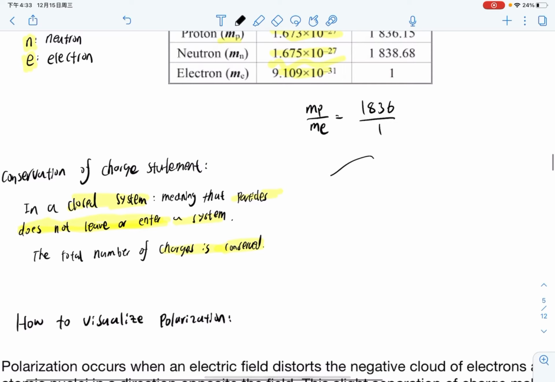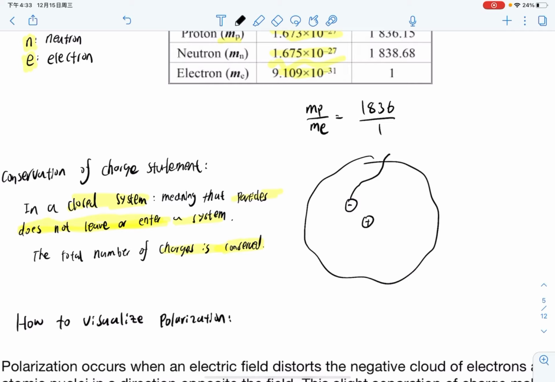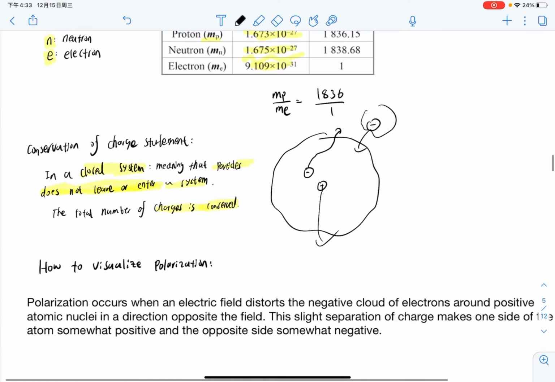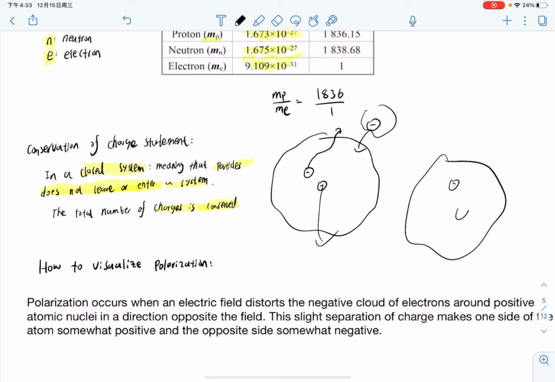So in this system, like here's negative, positive, the negative or positive cannot go out, or a negative charge particle cannot go into the system. So for the closed system, all the particles cannot leave or enter the system.